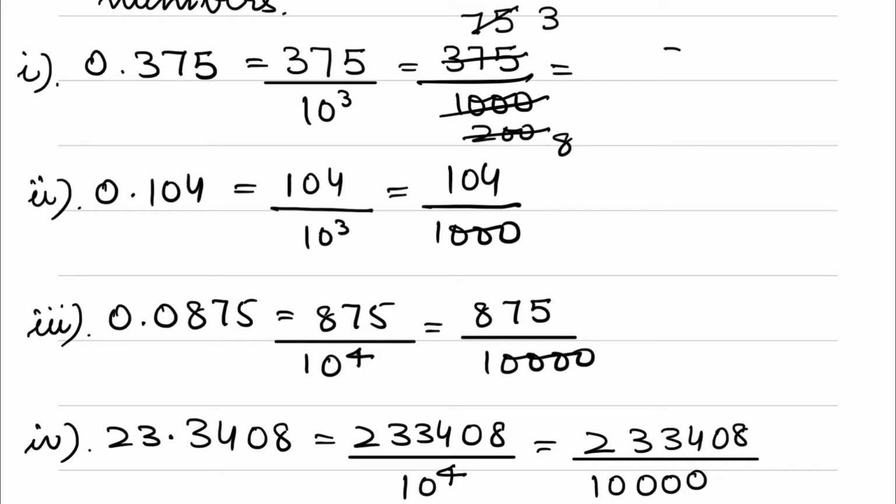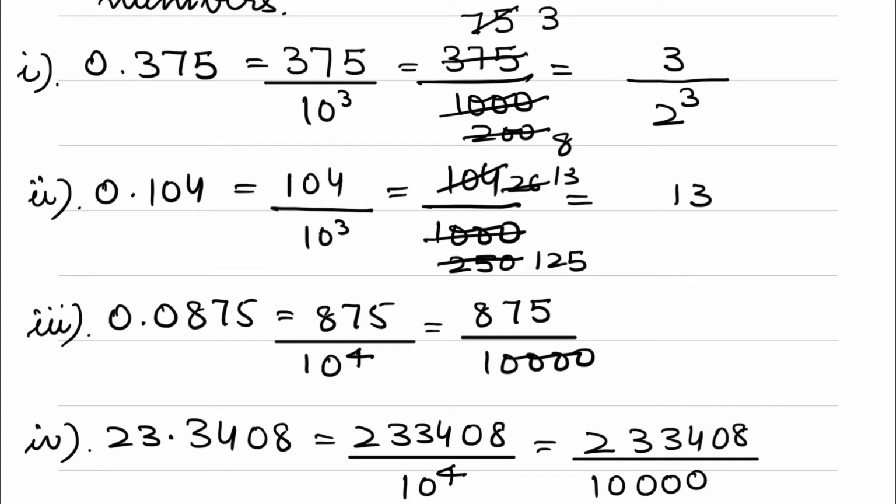So this can be written as 3 by 2 raised to the power 3. And here we have a common factor 4. So 4 2 times 8, 6. Here we have 250. Then again we can cancel by 2. So 125 and 13. So this can be written as 13 by 125, which is 5 cube.